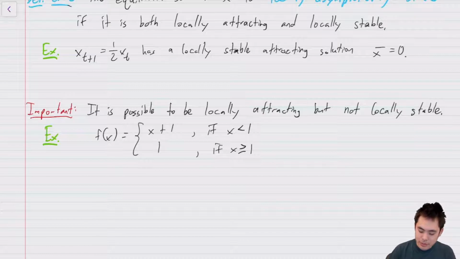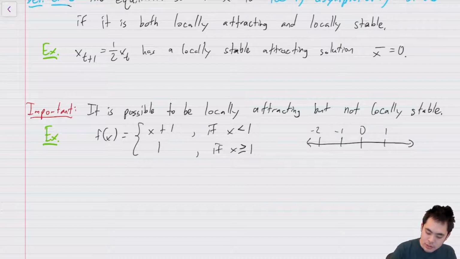So one way of thinking about this is if we start on the number line, let's say 0 is here, 1 is here, minus 1, etc. If you start at some point here, then the next step you're going to take is going to go here, and the next step is going to go here, and the next step is going to go past 1.